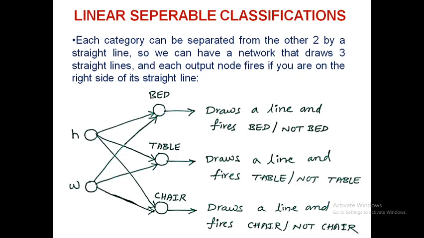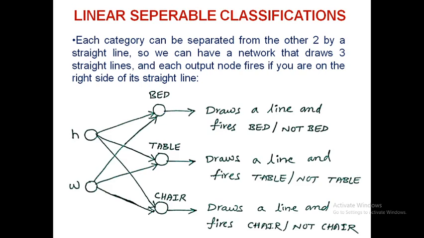And each output node fires, because there are three outputs. Inputs are height and width, H and W. Output is nothing but bed, table and chair. Each output node fires if you are on the right side of the straight line. Right side is nothing but which fires the neuron, one side of the straight line, right? In that case, each input height is connected with the three output neurons.